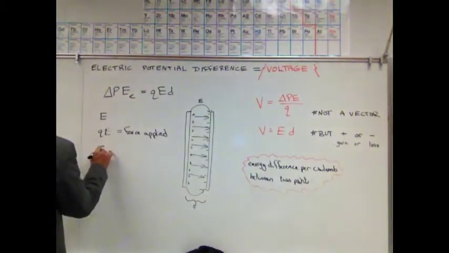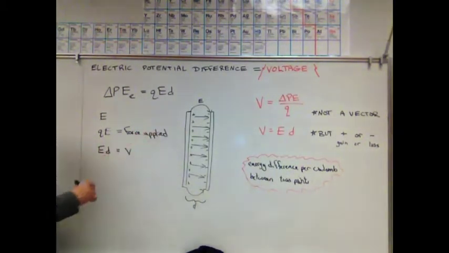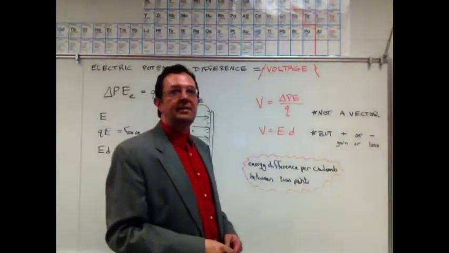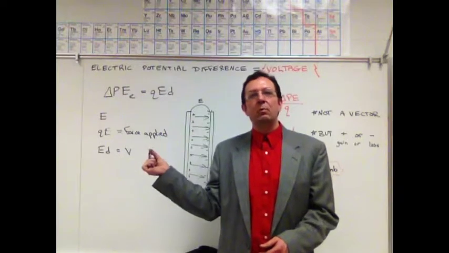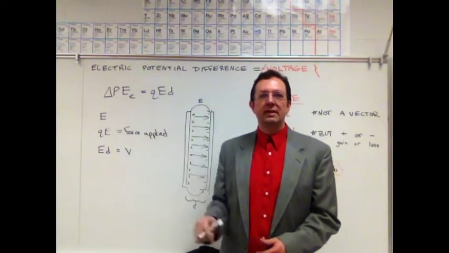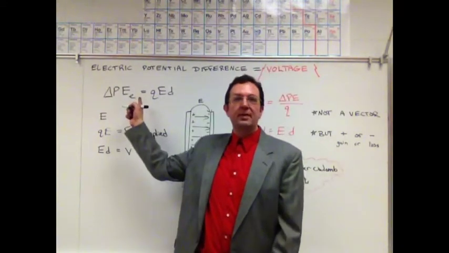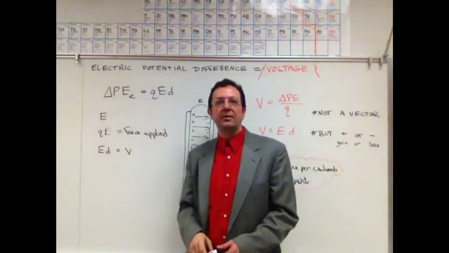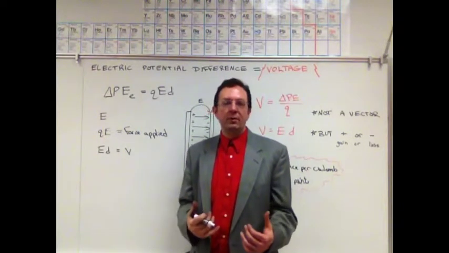It turns out that this ED is actually the voltage, as you see in the equation over there. So it's Q, the charge, multiplied by ED, which is what we call the voltage, or the electric potential difference. And if you take this difference in electric potential energy, the QED, and divide it by the charge, you have the voltage.